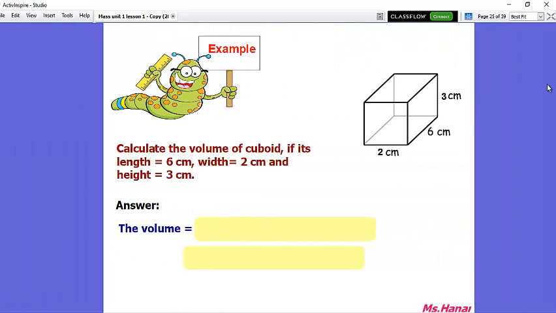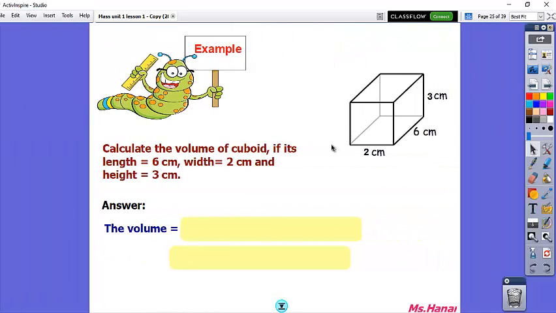Calculate the volume of a cuboid if its length equals 6 centimeter, width equals 2 centimeter, and the height equals 3 centimeter. This is the length, here is the width, and this is the height.